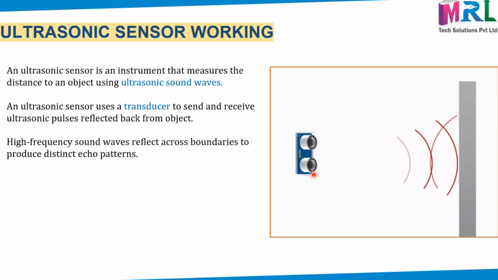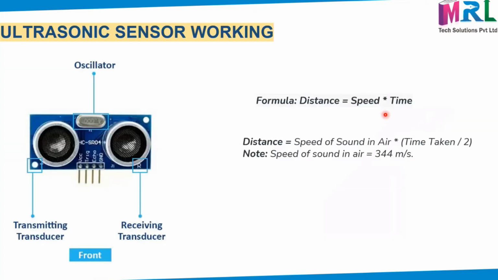So how much time it takes for the ultrasonic sound waves to reach the target and be received back by the sensor, that is the time. You can easily measure the time because you know the starting point and the receiving point. From that you can measure the time taken, divided by 2.